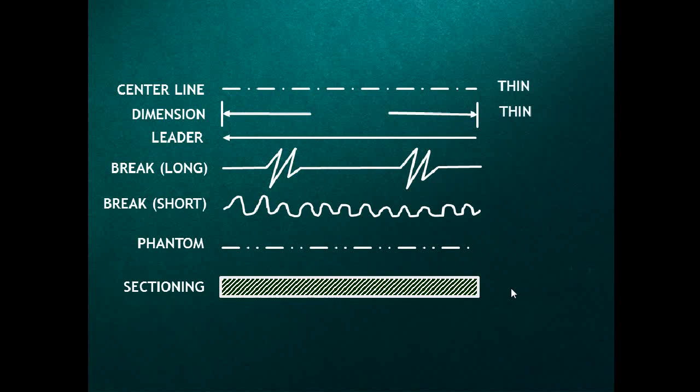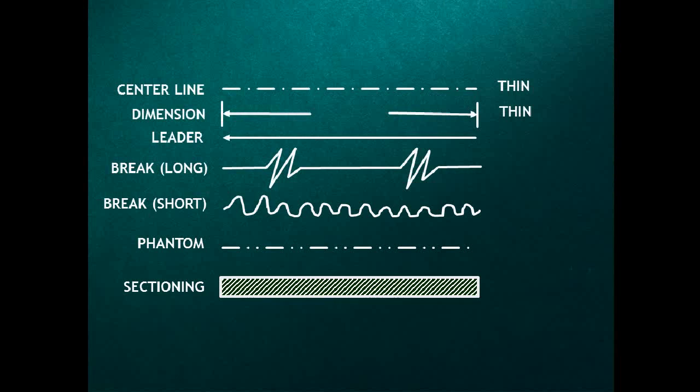Same with the dimension, but usually it's 0.01, 0.02, or 0.05 at those sizes. And then you have the leader, which is also drawn thin, and break long is thin. But the break short is in thick.